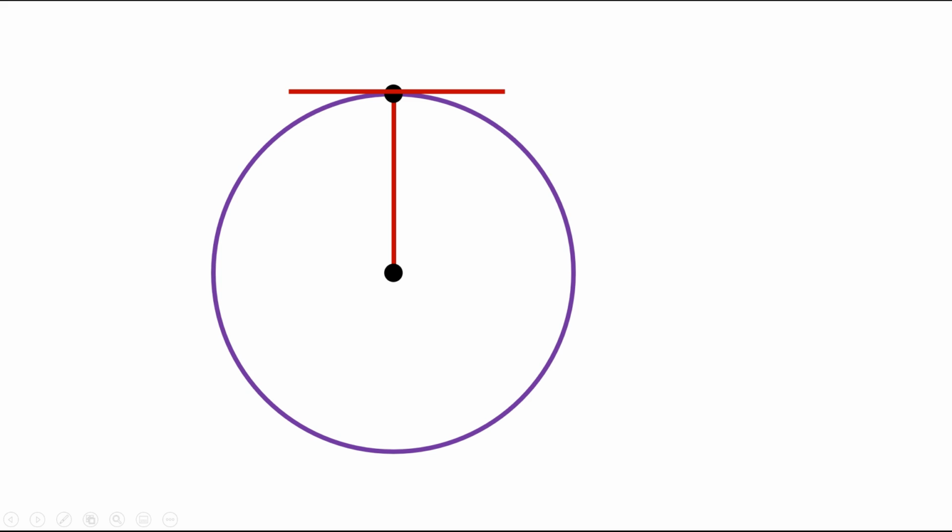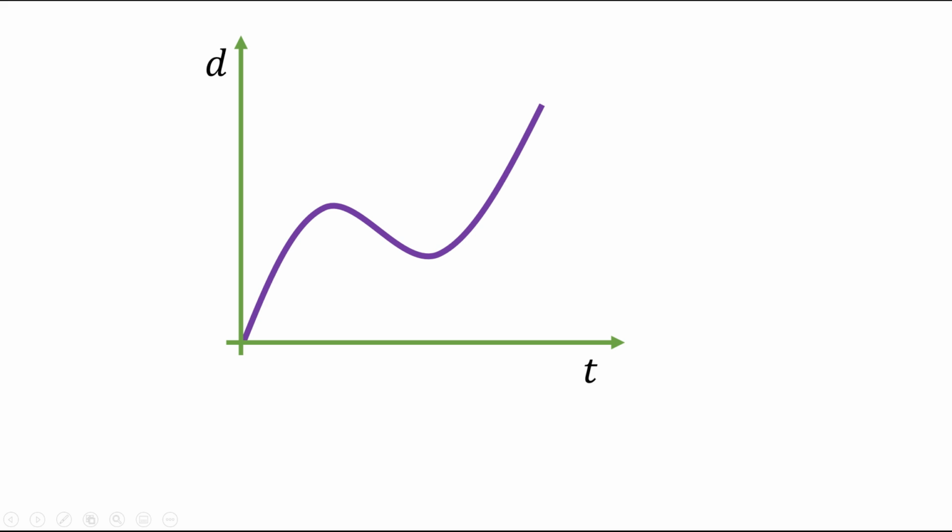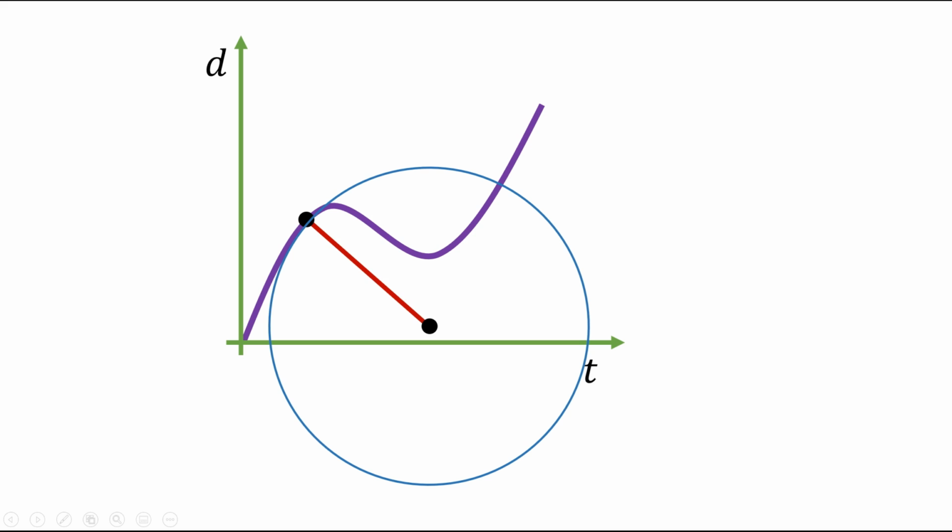We can use this concept of circles and curvature to think about curved graphs. At every point on the graph, such as this point, there's some amount of curvature occurring. Right here, the graph is not curving very much, and so if we consider the radius of that curvature at this location, it would be a pretty big circle and a pretty large radius of curvature right here.